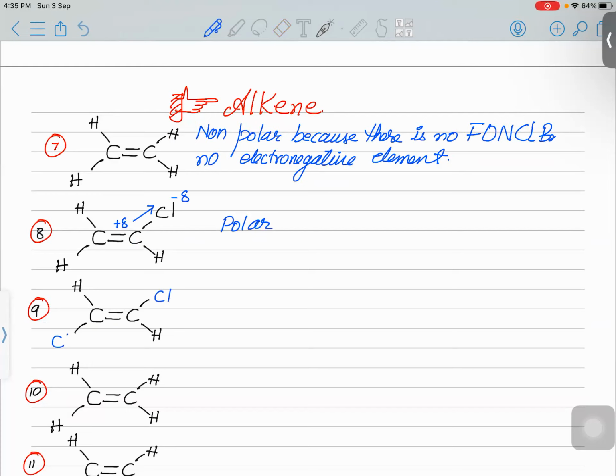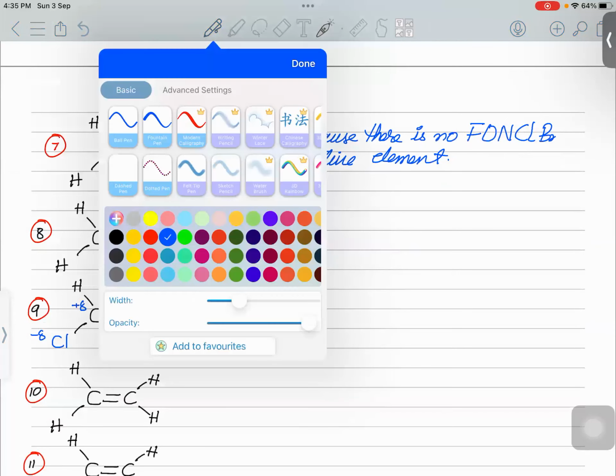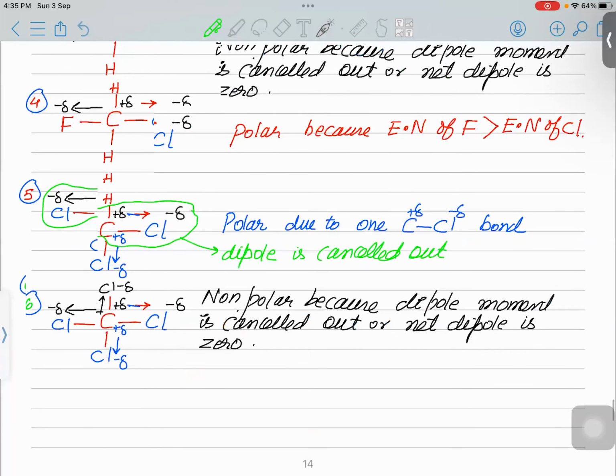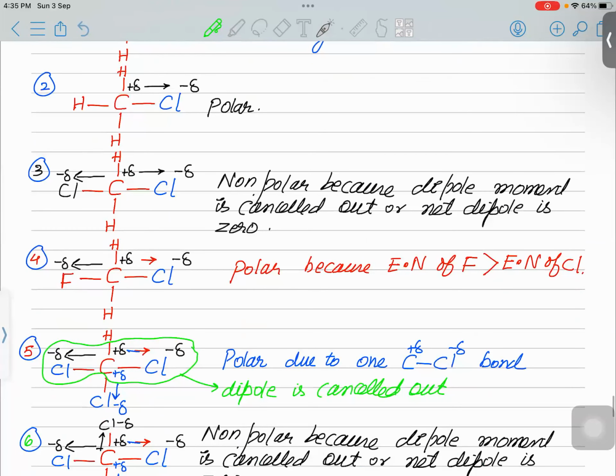Now case number 3. Yes. Polar, non-polar? Non-polar. Why non-polar? Because the chlorines will cancel out. Exactly, because the net dipole moment is cancelled out.